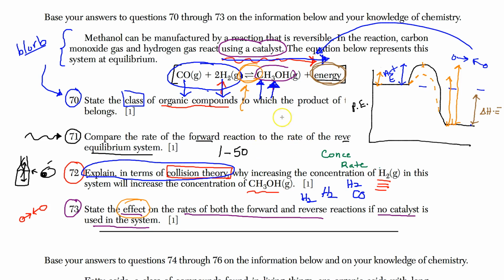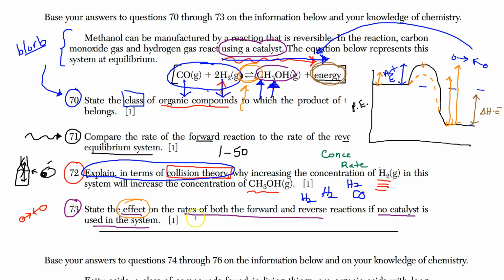What it does do, though, is make the rate of the forward faster and the reverse just as fast, so you get to equilibrium faster, but you don't change equilibrium, and it's not going to have any effect on equilibrium, all right? So if you add a catalyst, it'll increase the rate of the forward and rate of reverse.